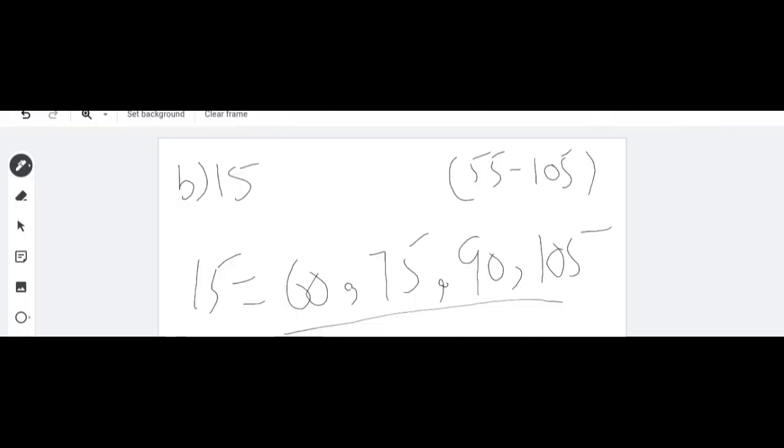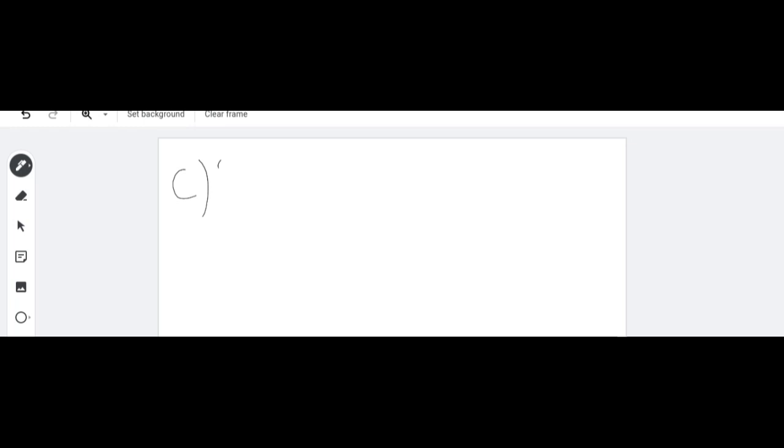Now you have to do the C part. C part is 20. So you have to find the multiples of 20 between the range. It means that you have to write the table of 20. 20 threes are 60.